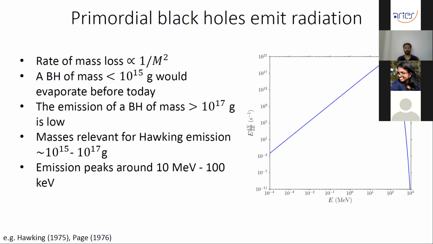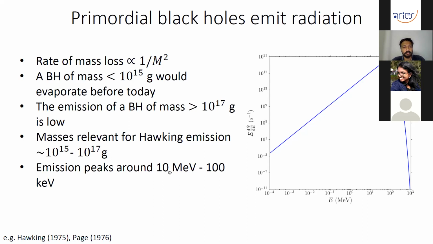So if I consider very low mass black holes, the evaporation rate is high, and they would have evaporated before we can observe them today. On the other hand, if I consider very heavy masses, then the emission would be very low and they cannot be detected at all. So the interesting black hole masses come down to a very small range of masses, which is 10 to the 15 to 10 to the 17 grams.